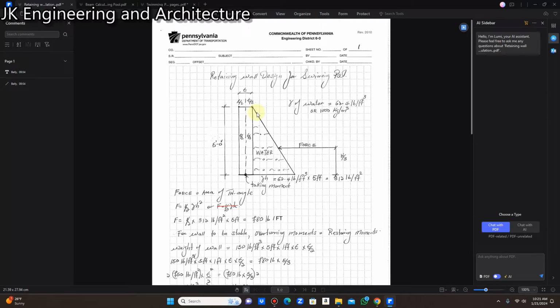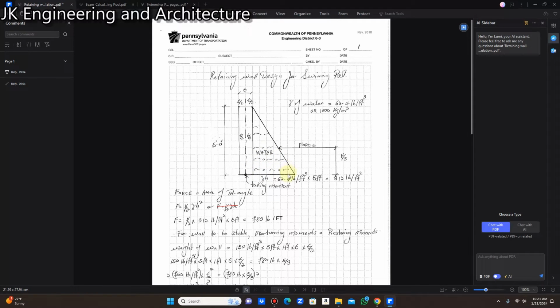And as that body comes up out of the water, the pressure decreases because there is less water acting on the body. So the reason for the triangle: at the top here, the pressure is going to be 0. But as the body descends into the water, it gets wider and wider because the pressure increases.